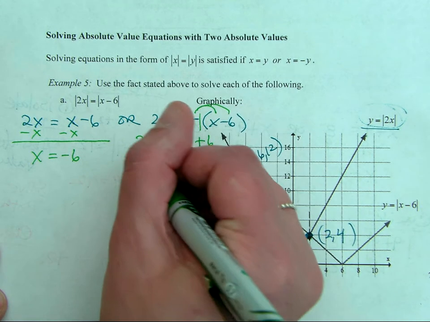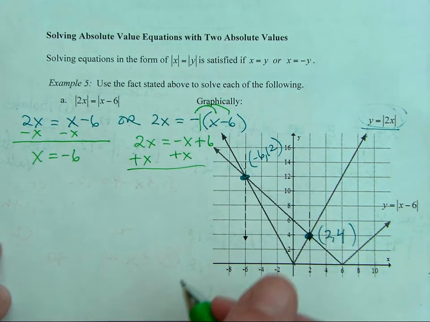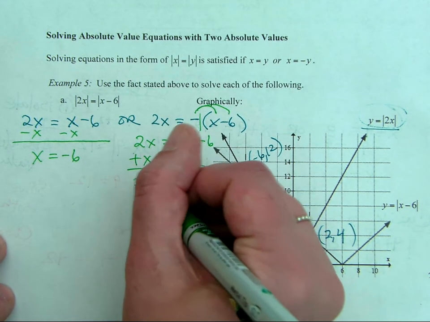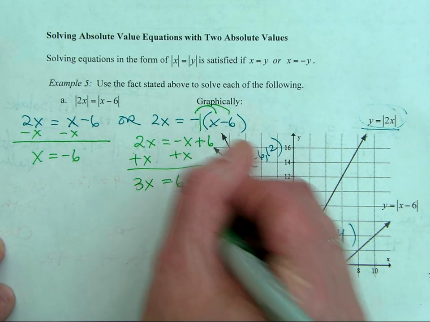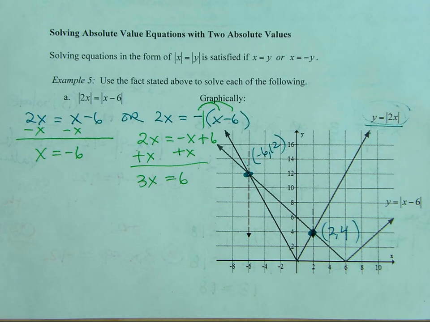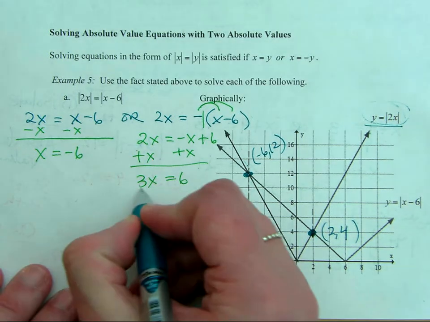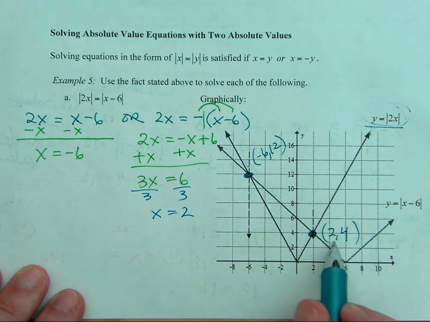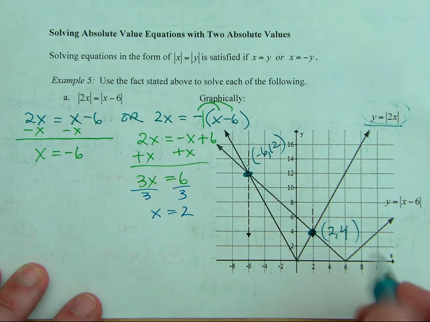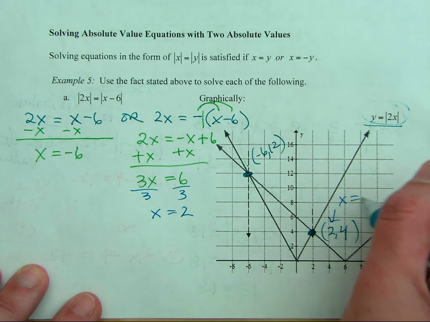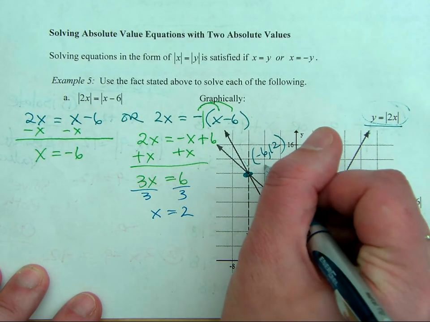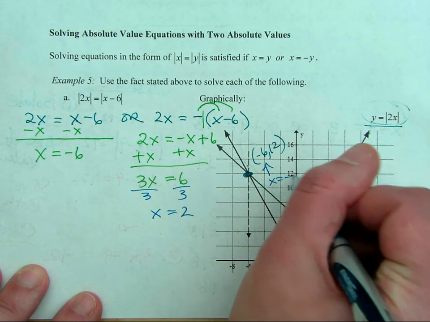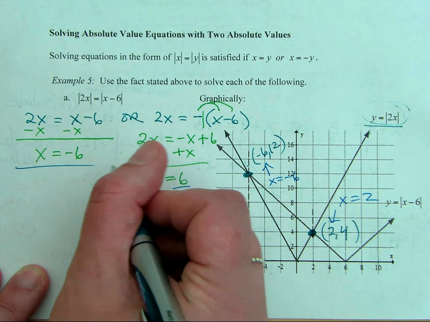Add x on both sides, and what do I get? 3x equals positive 6. What should I do now to solve for x? And I get x equals 2. See on my graph how I have x equals 2? Here's my x equals 2, and here is my x equals negative 6. So those are my two solutions.